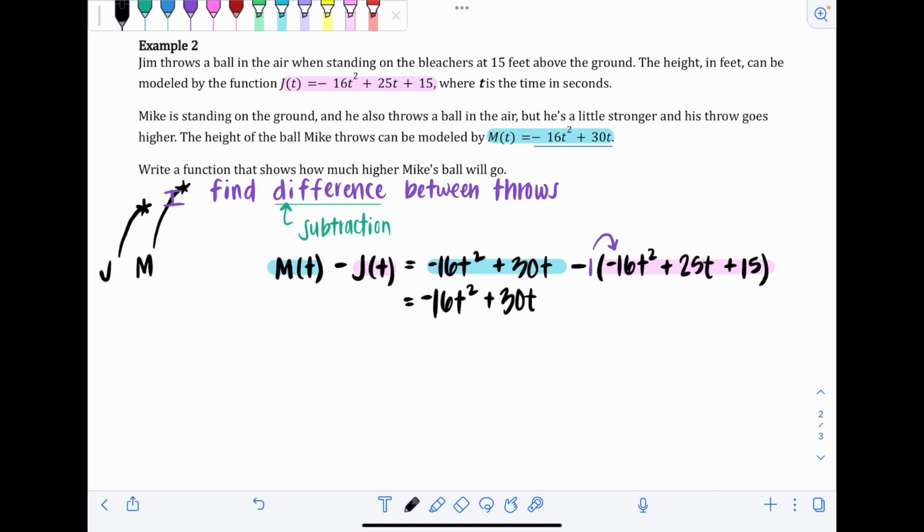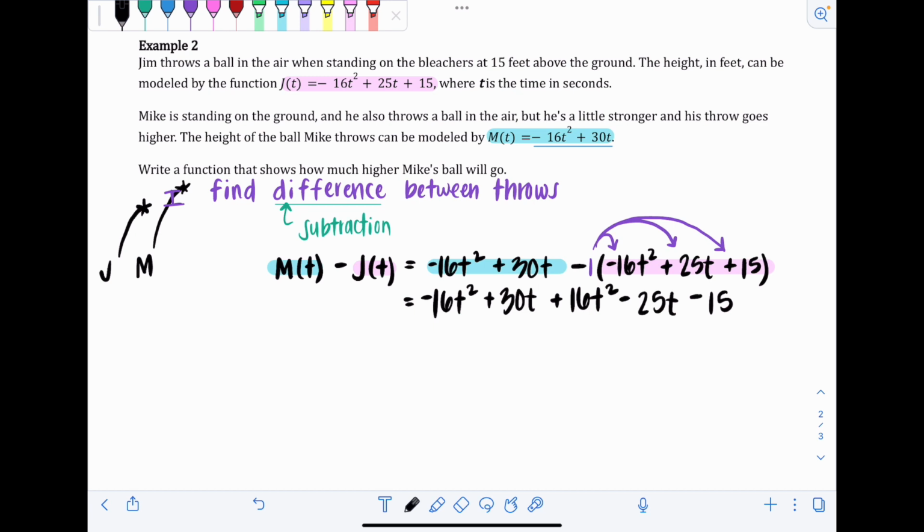So negative 1 times negative 16t squared becomes a positive 16t squared. Negative 1 times a positive 25t becomes negative 25t. And then negative 1 times a positive 15 becomes a negative 15. So all the numbers are staying the same, but they're switching the signs.